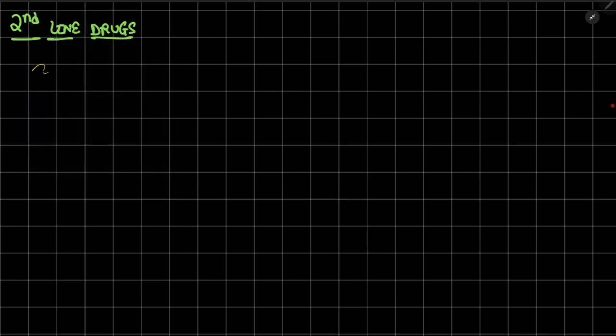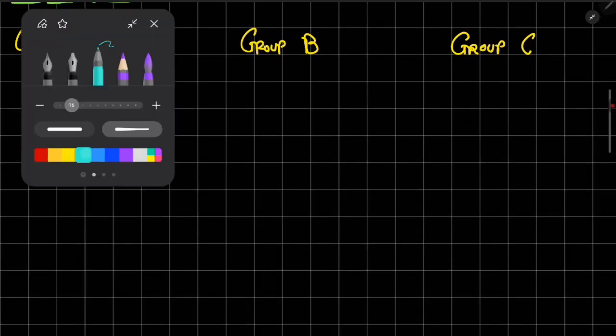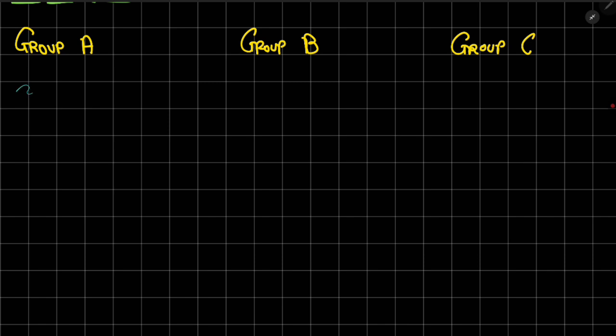So we should remember group A, group B and group C. In this video we will be mainly talking about the treatment of TB according to the MDR regimens, the guidelines, the NTP guidelines. So we will not be going into that much depth of each and every drug. To remember the group A, group B, group C drugs, we have a mnemonic.